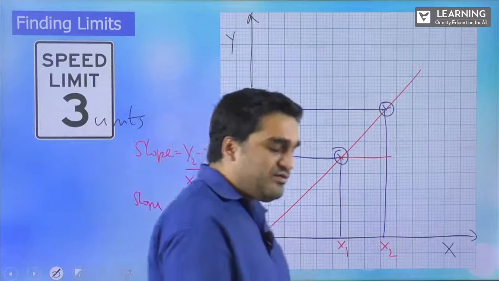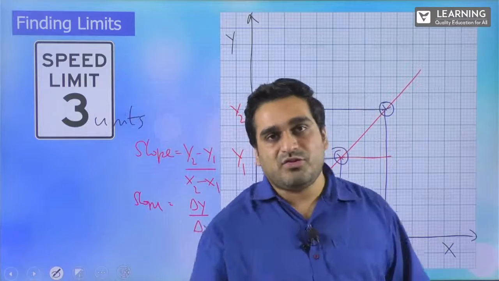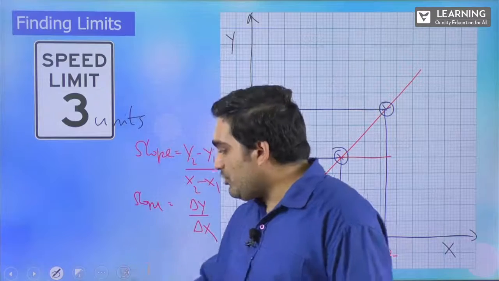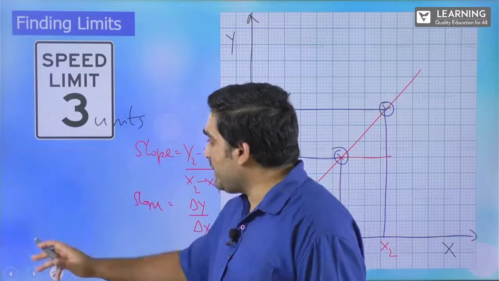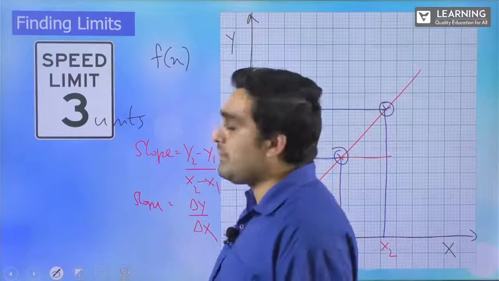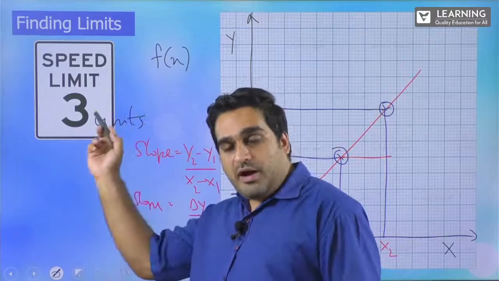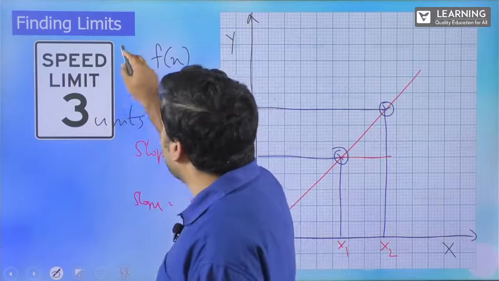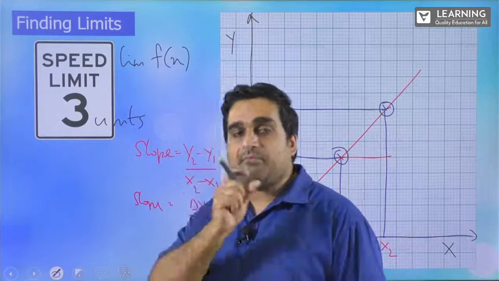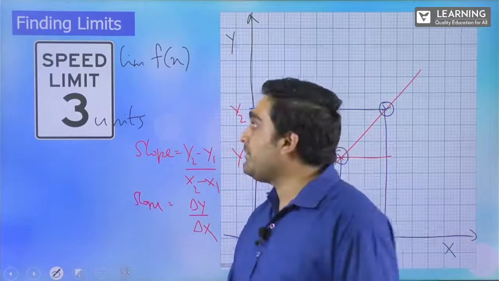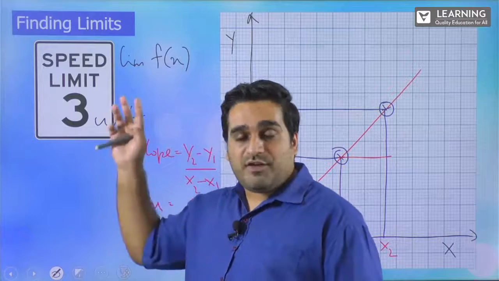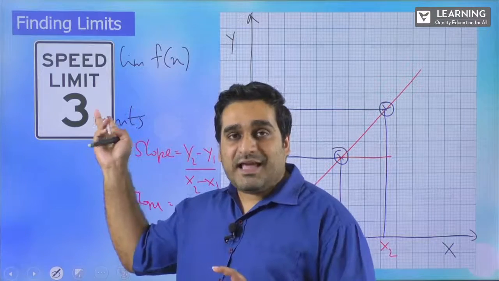Now what I'm going to do next is, for this slope, I will apply a limit. Now, how to apply a limit for a given function? Let's say a function is defined by f of x. In order to apply a limit, first you write LIM to show an abbreviated form of a limit. f of x, so which means the variable that we're dealing with here is x.